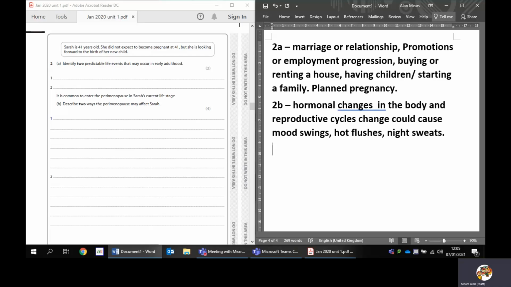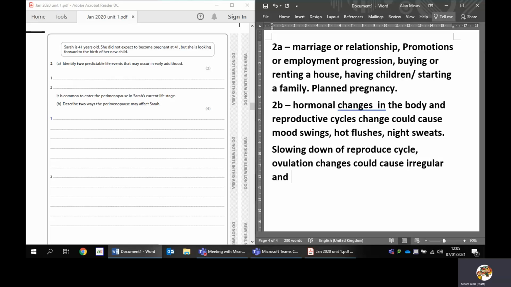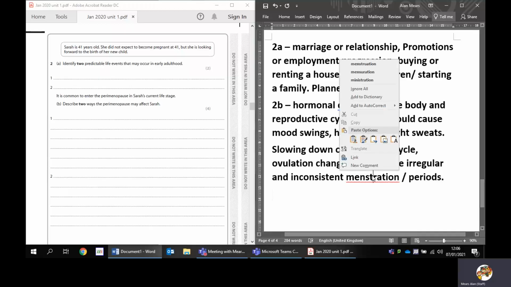We could talk about slowing down of reproductive cycle, ovulation changes could cause irregular and inconsistent menstruation periods.